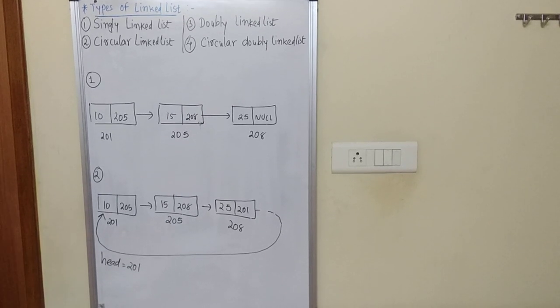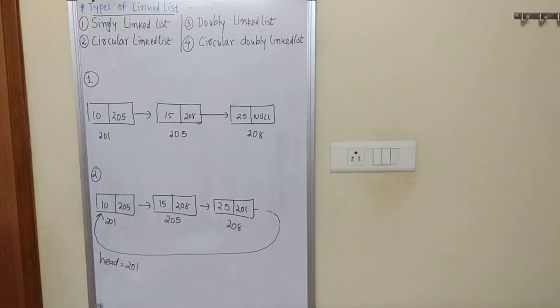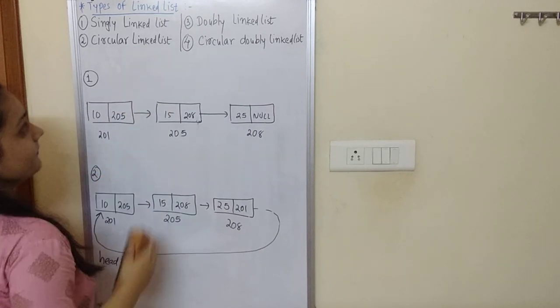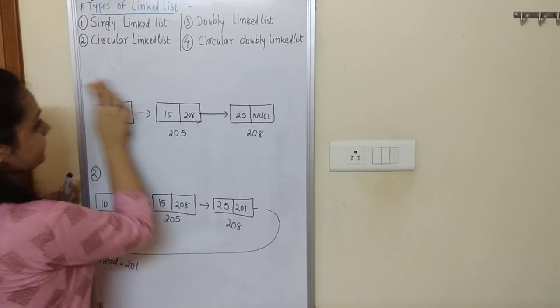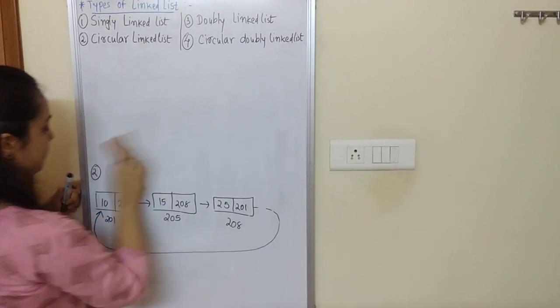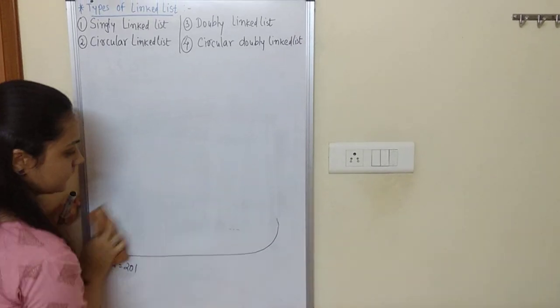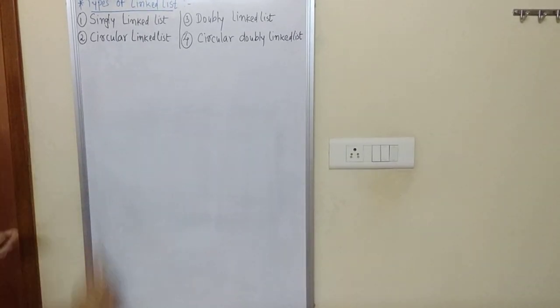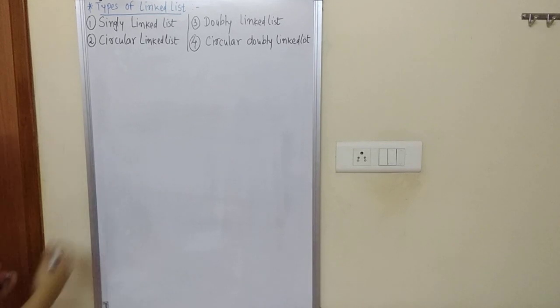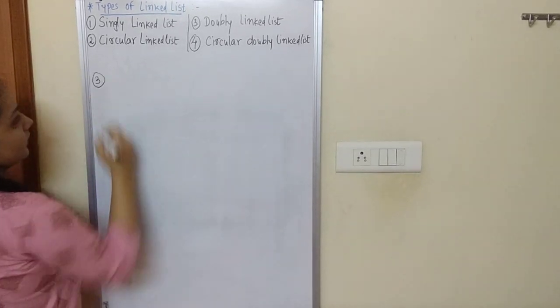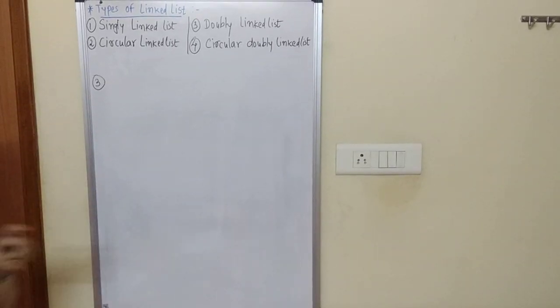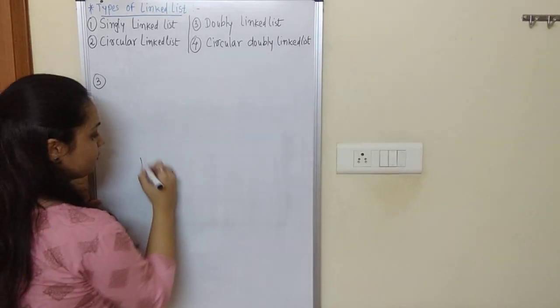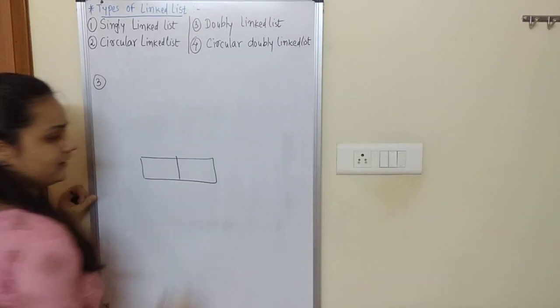Clear? Now moving to the third type, that is doubly linked list. Now you know in the linked list we have one node structure, and it is having two parts.